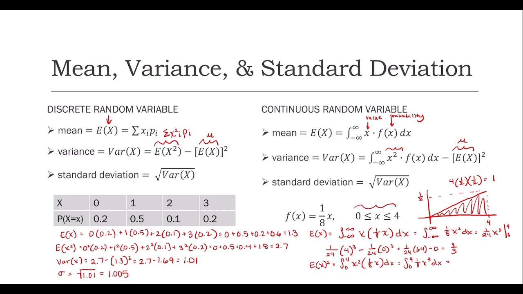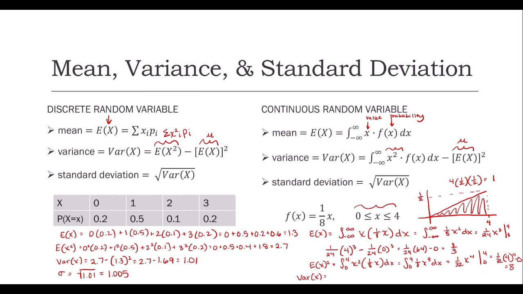When we take the integral, we'll get 1/32 times x to the 4th, evaluated from 0 to 4. So that's equal to 1 over 32 times 4 to the 4th minus 0, which simplifies to 8. So that equals 8.